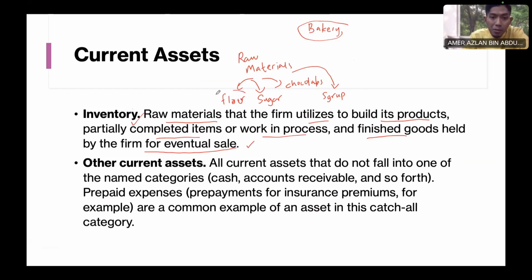So these are your raw materials which you will order from your supplier, okay, and being placed in your warehouse, okay, or in your shop. And these raw materials, okay, soon are going to be produced, right, into or transformed into a finished goods, right?